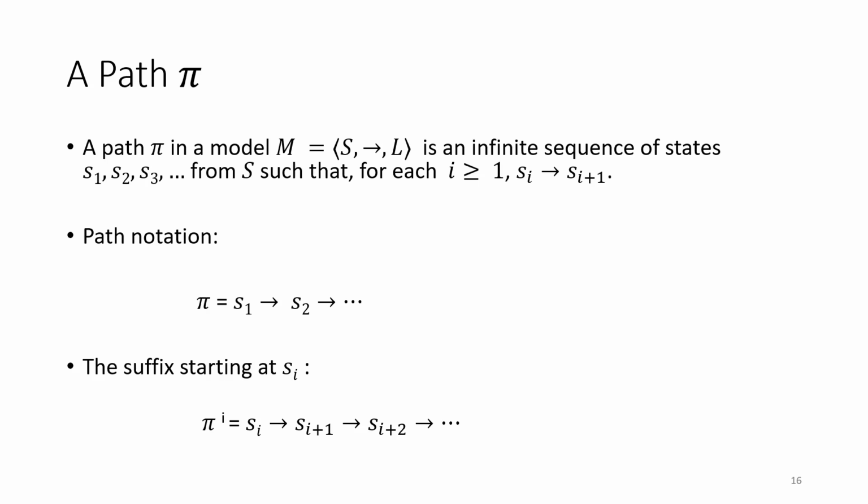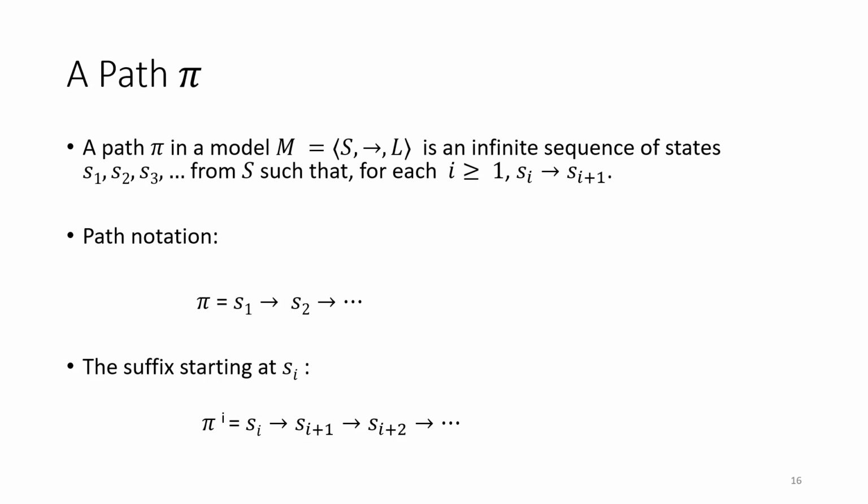A suffix simply means that instead of starting at the first state, we start at the state i. So we could start at the fifth state or the sixth state. If I have a path and I cut off some prefix of it and only look at the suffix, is that still going to be a path?